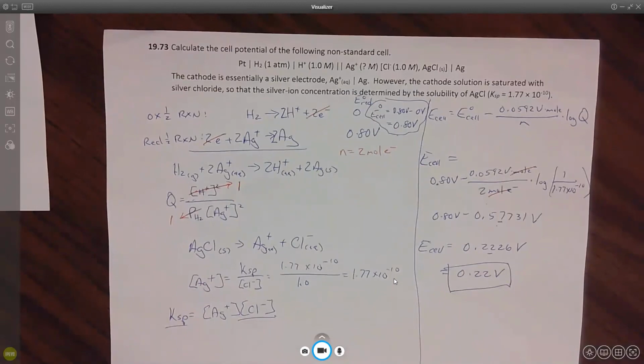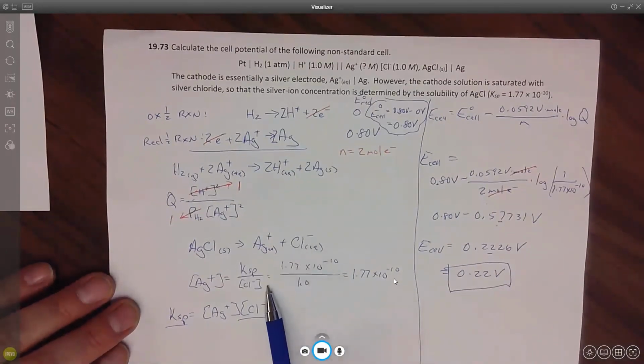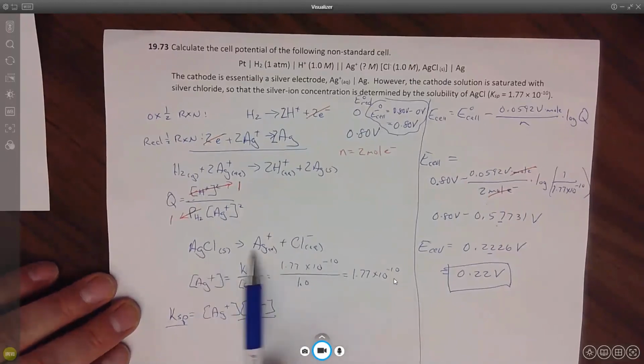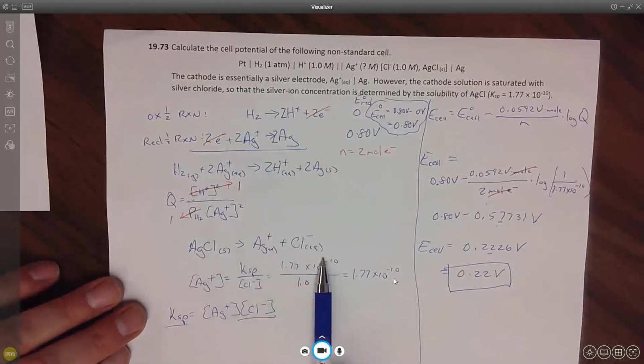In the Nernst equation, why was the concentration of silver not raised to the -2? Because that was what we figured out. Because the equilibrium constant expression was this.